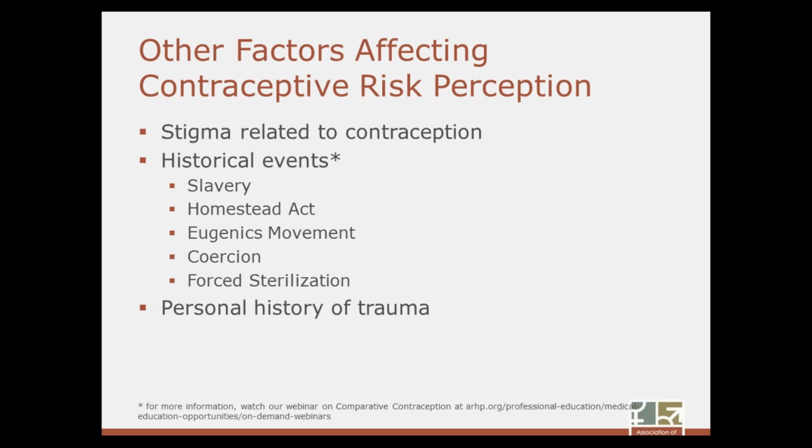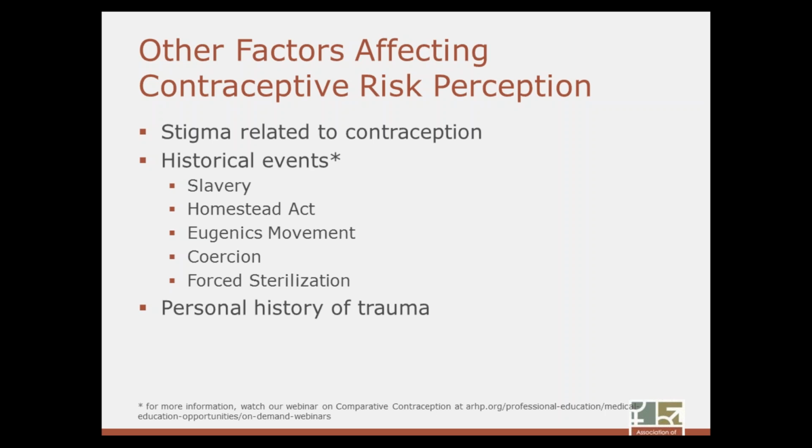And then, of course, there's some of the history of our country where we haven't always been great to our non-white populations. There are histories of forced sterilization, there's eugenics, and then we also have to think about all of this reproductive coercion history. And I feel this a lot because I practice in Harlem, so I have a lot of patients who are from Puerto Rico, where there was sterilization of women without full consent.